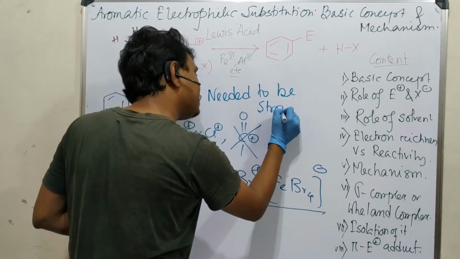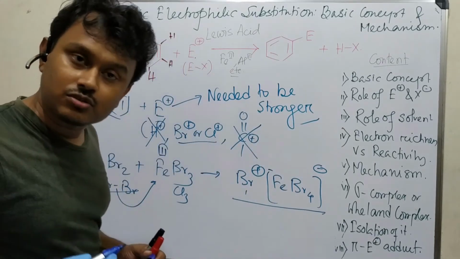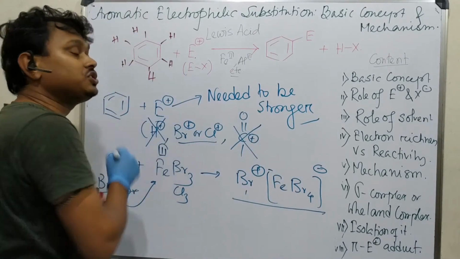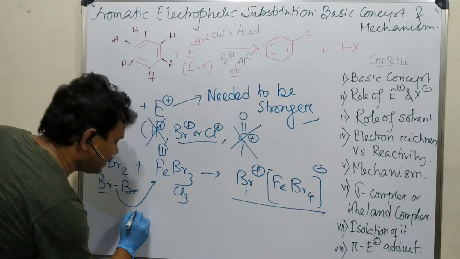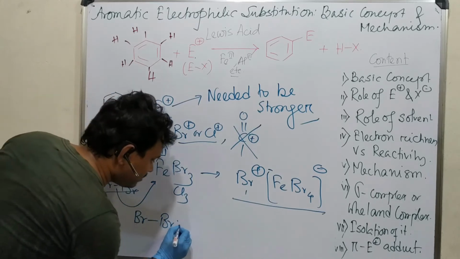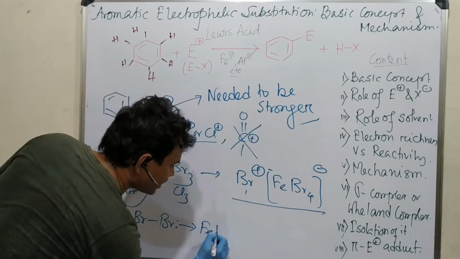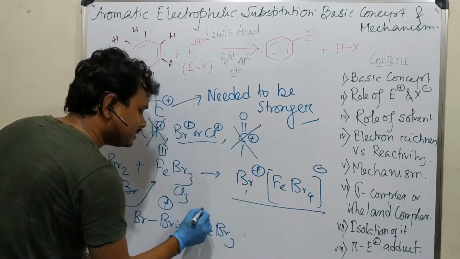What do I mean? Electrophile simply means a lover of electrons, or electron deficiency. So the deficiency needs to be increased. Compared to this bromine, the species may be this FeBr3 complex. So now you agree that this bromine has a plus charge and this has a minus charge.